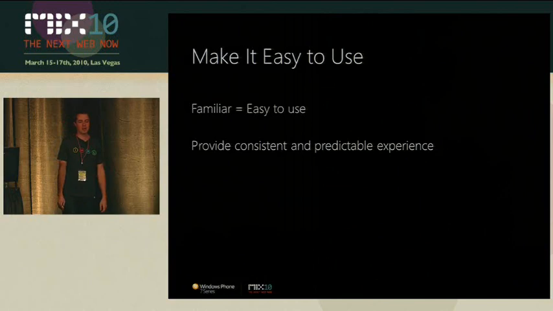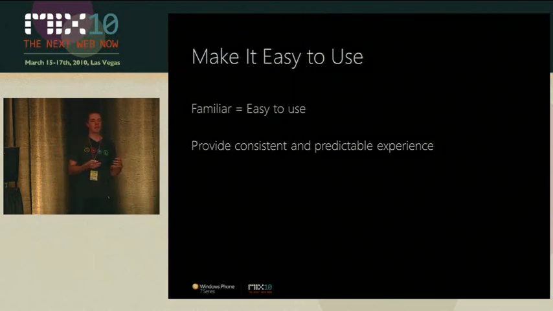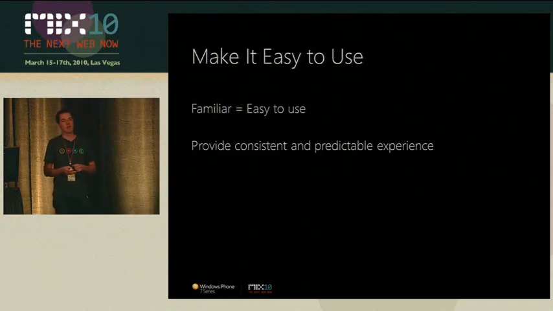So the next section we'll talk a little bit about making applications easy to use. You want to think about experiences. You want to make applications delightful, but you also want to make them easy to use. When it comes to making applications delightful, I was telling you find your own style. When it comes to making applications easy to use, don't try to find too much of your style.